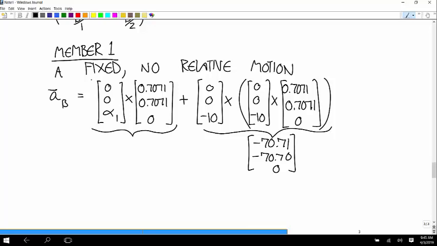And this one is going to be minus 0.7071 alpha 1, plus 0.7071 alpha 1, and then 0.